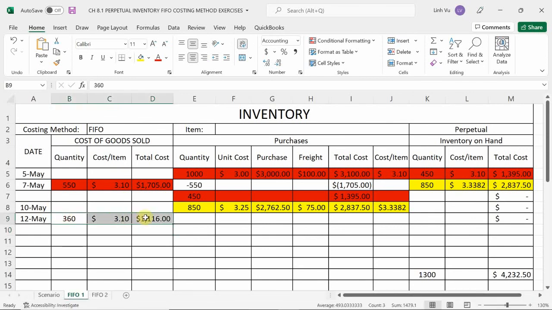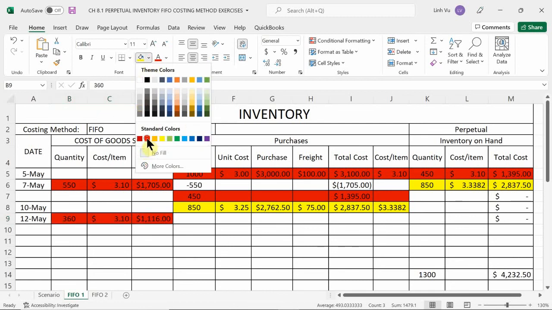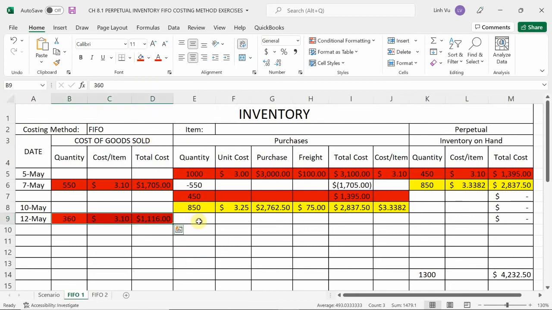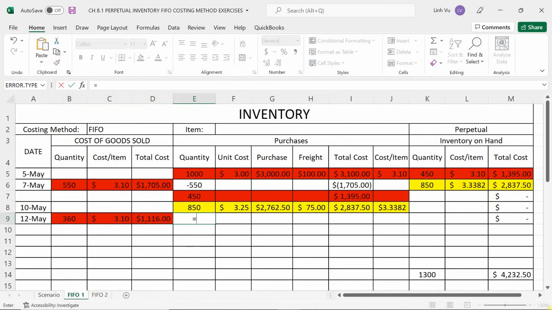I'm going to highlight this because this one came from my red batch of inventory. Now I'm going to do my calculations where I carry my 450 and subtract 360. That's going to give me a remainder of 90 units left.